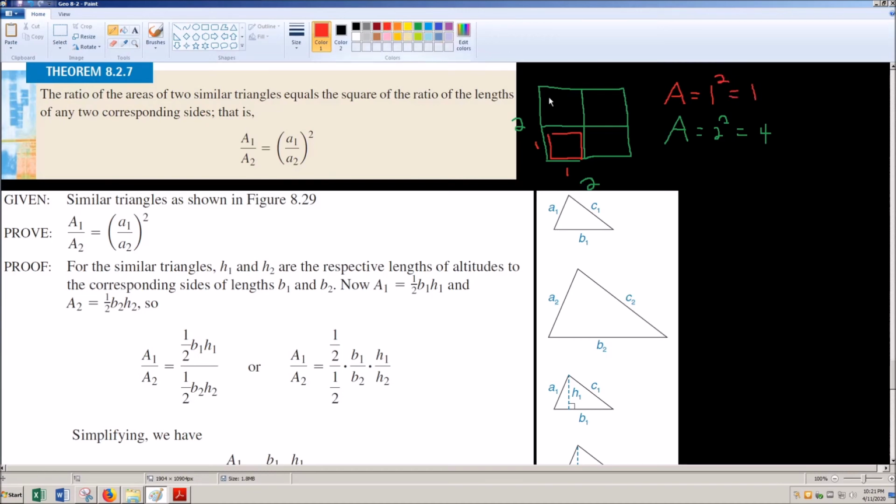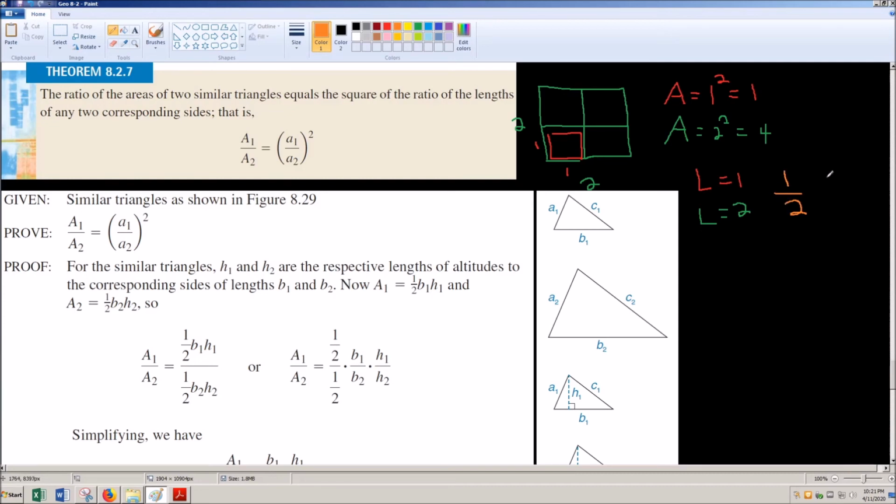The length for red was 1, and the length for green was 2. So the ratio of the lengths would be 1/2, or you could do 2/1 too. It depends what direction you want to go, but the ratio holds up either way. Here I'm going from red to green, so 1:2.